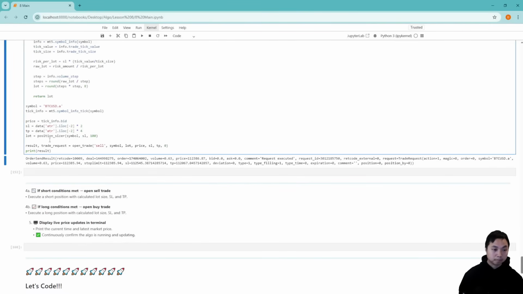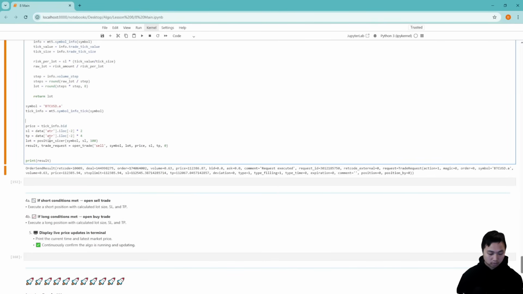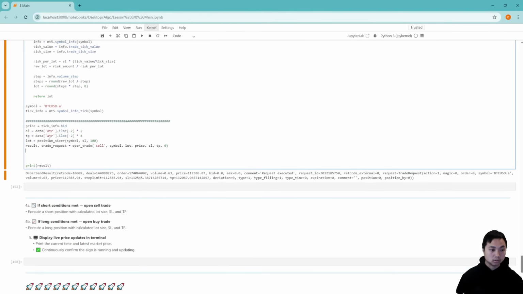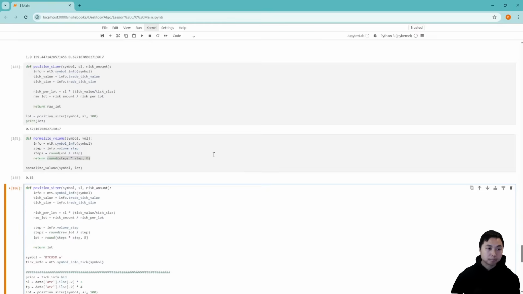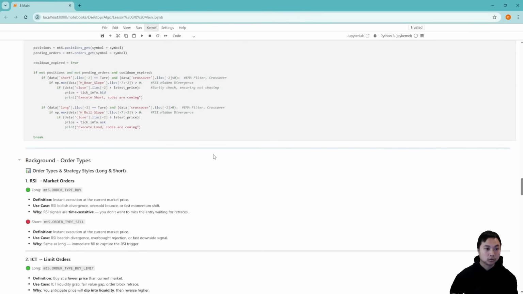And this is the part for the short scenario. This is for the short execution for this part. So now let's combine everything all together. Let's copy the values that we created before.